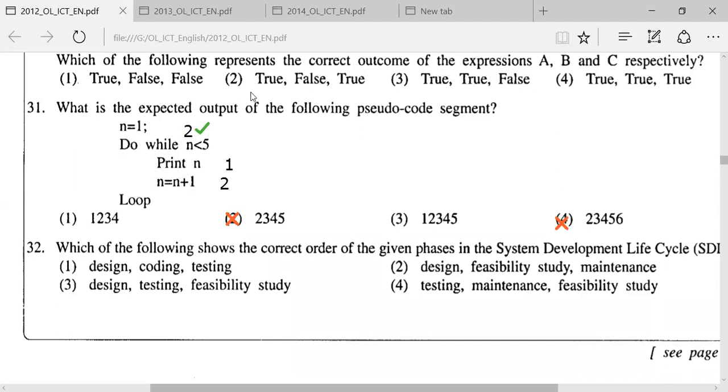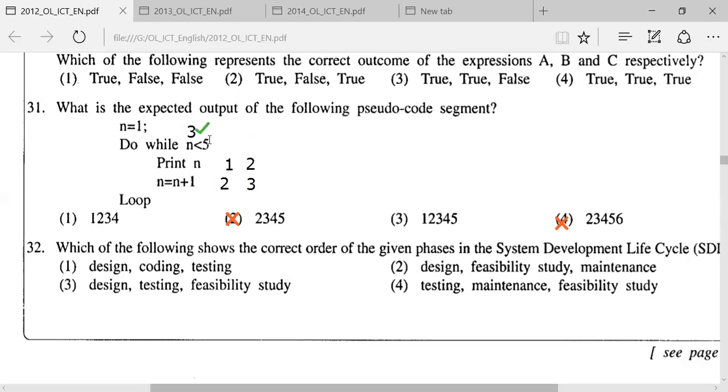Print n, the new value of n will be 2. n equal n plus 1, the current value of n is 2, 2 plus 1, it is 3. It will go back here.